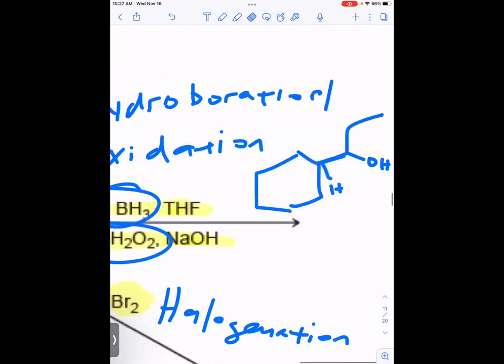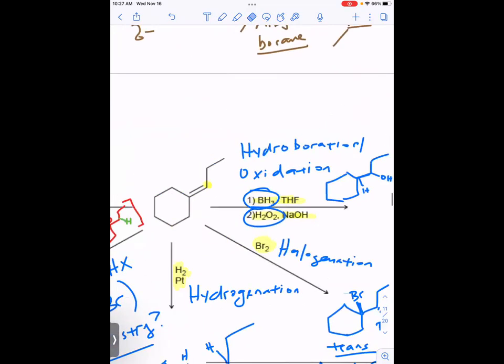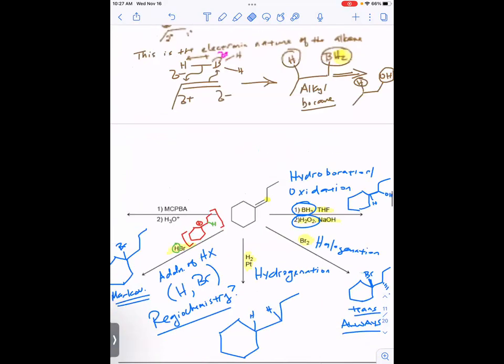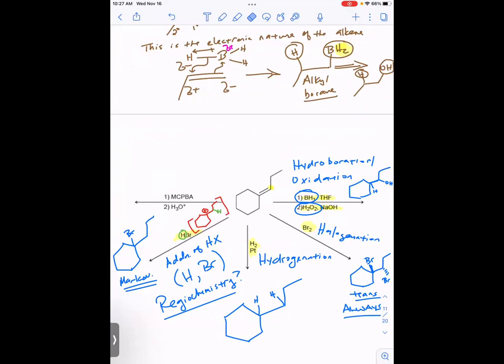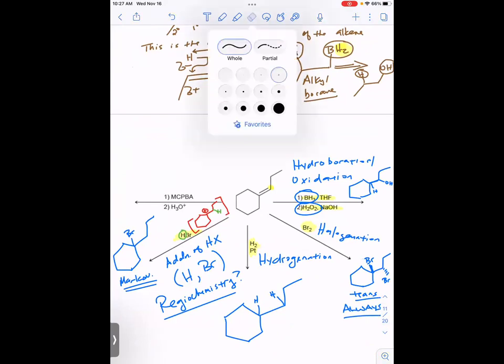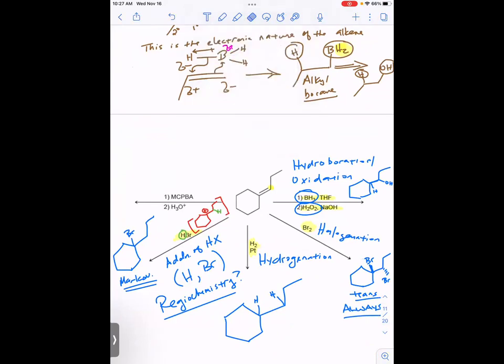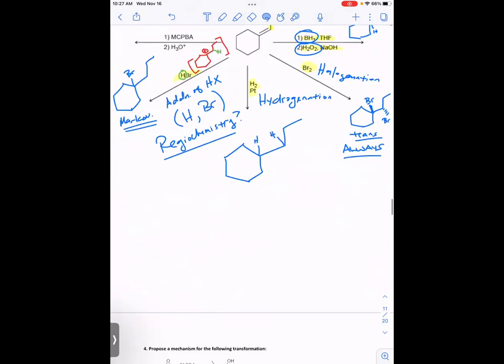All right. The only reaction we haven't seen before is this one, MCPBA, followed by some type of acid source. So we're going to look at that reaction. I'm going to cut this out, and we're going to look at that separately.